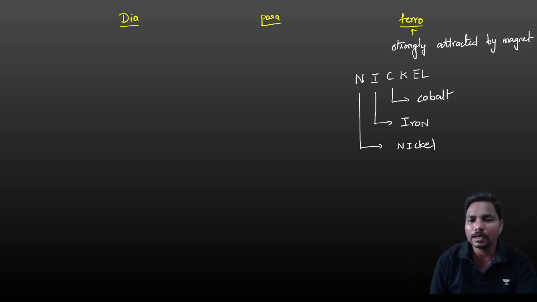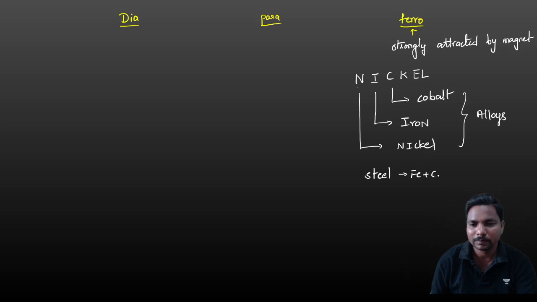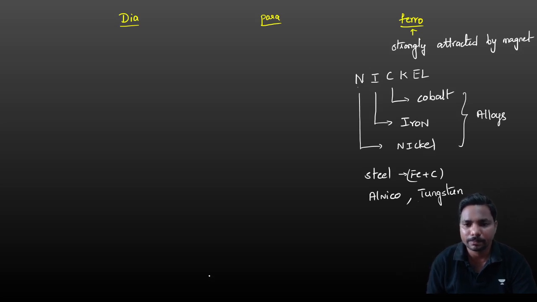So nickel, iron, cobalt and their alloys belong to ferromagnetic materials. Alloys means steel. Steel is a mixture of iron plus carbon, so it is an alloy of iron. Also alnico and tungsten. All these are very important examples from the exam point of view.